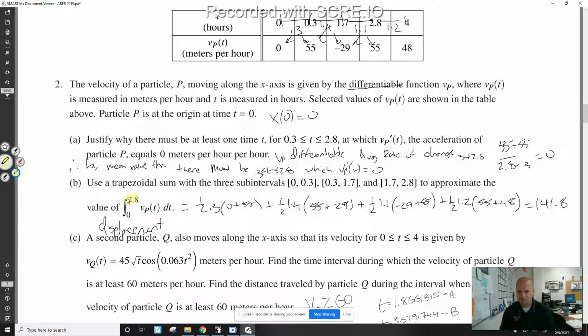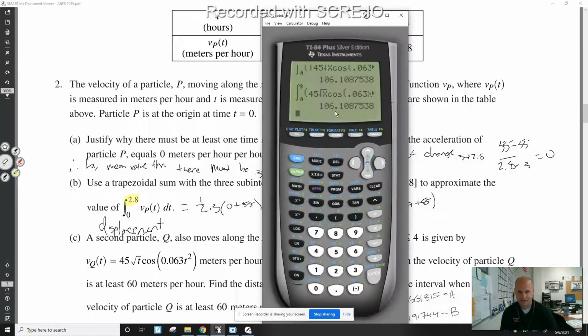They screwed me up. 0 to 2.8. I should not have this. I just need the first 3. So let's actually go back. I made a mistake. Go back to your trapezoidal Riemann sum calculation. Let's delete this last piece.